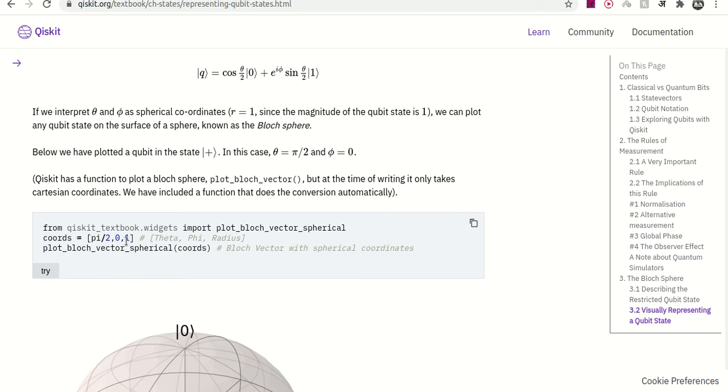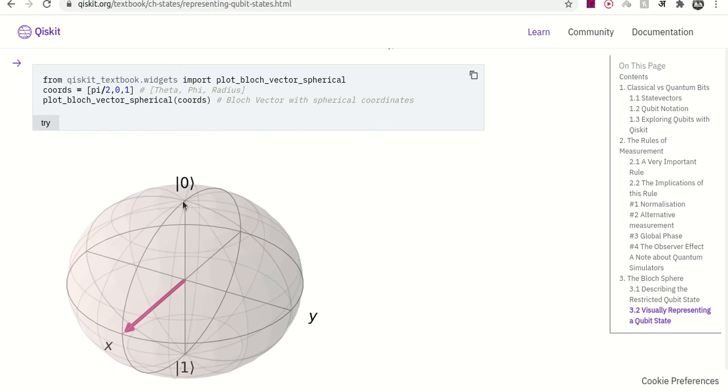So radius will always be equal to 1, phi is 0 here, and pi by 2. So here this was initially at 0, and a pi by 2 rotation makes it here. Minus pi by 2 would have taken it here, pi would have taken it to here. Now minus i, changing the basis, so first we get here and then we change it here.